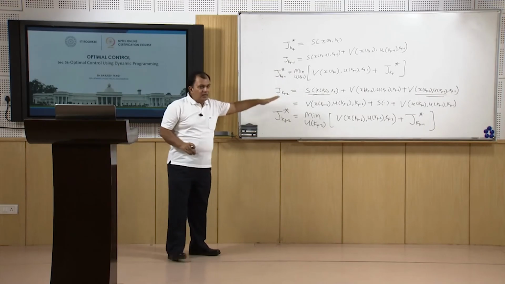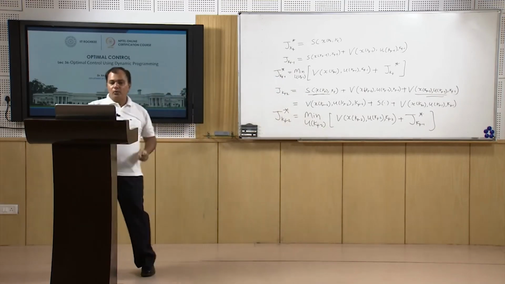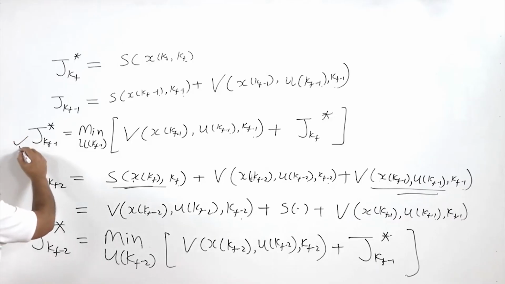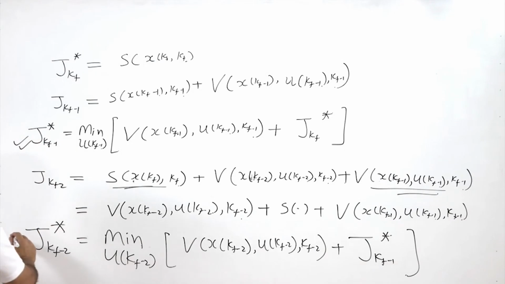So, similarly we can keep on expanding with the different values of I, taken as Kf, starting from Kf minus 1. So, I will get this term for Kf minus 2.